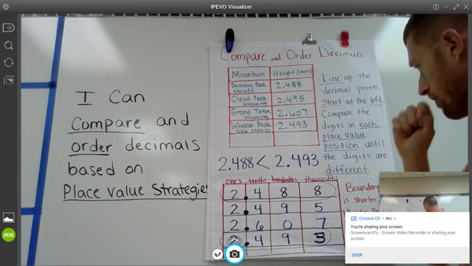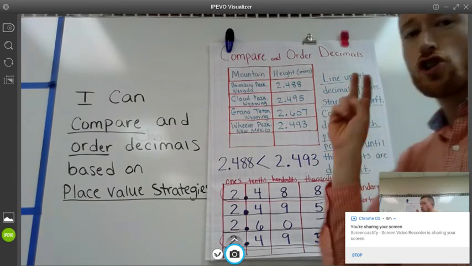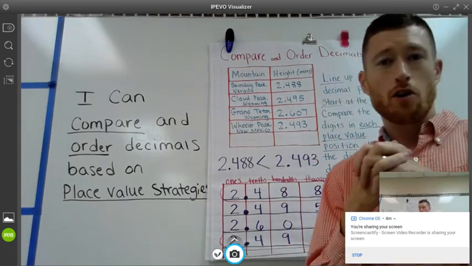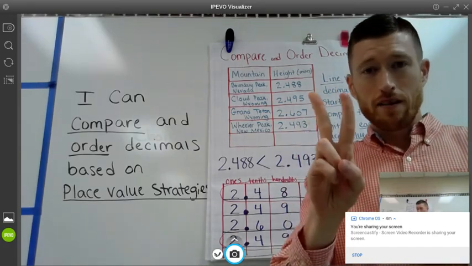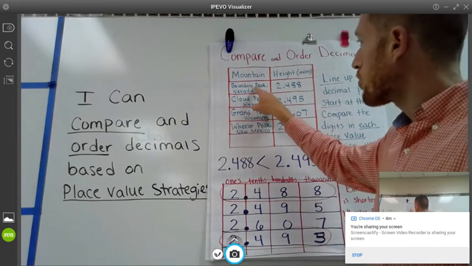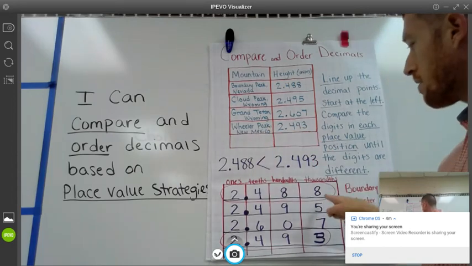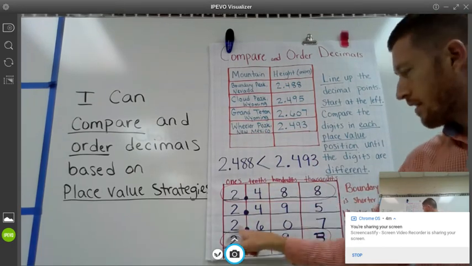Now, what I want us to focus on is just 2 mountains right now, and we're going to compare those 2 mountains using a less than, greater than, or equal to sign. The 2 mountains I want us to compare are Boundary Peak and Wheeler Peak. And if you notice, I've circled both of those decimals down here.